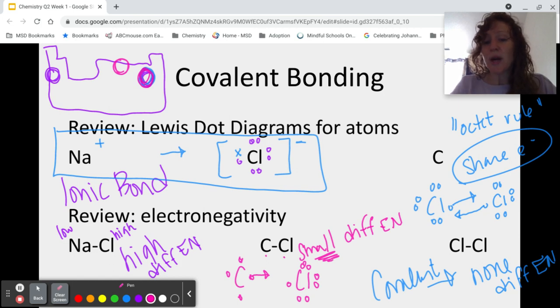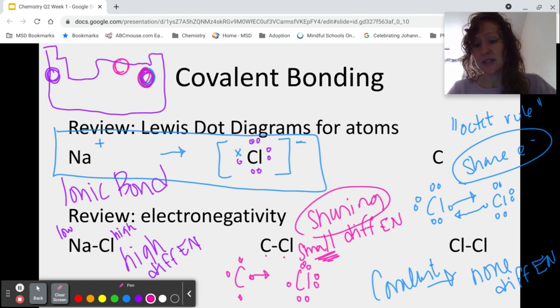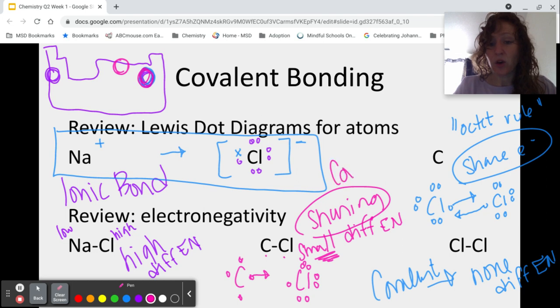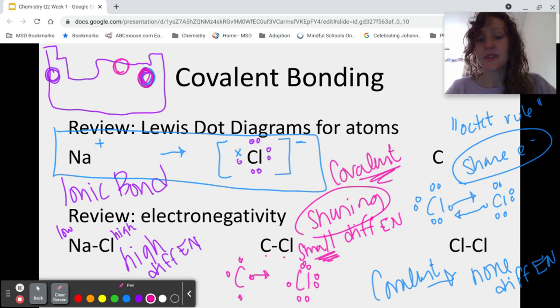So they do end up sharing electrons. It is going to be a covalent bond, but it's not the same covalent bond as the chlorine. Chlorine, here we have perfect sharing, right?